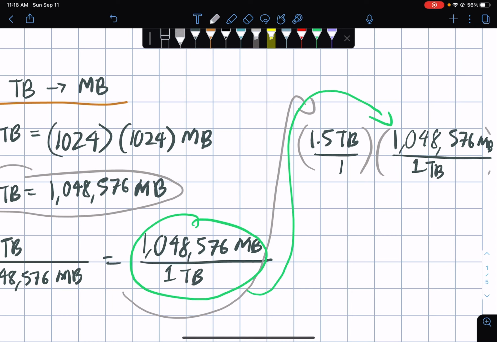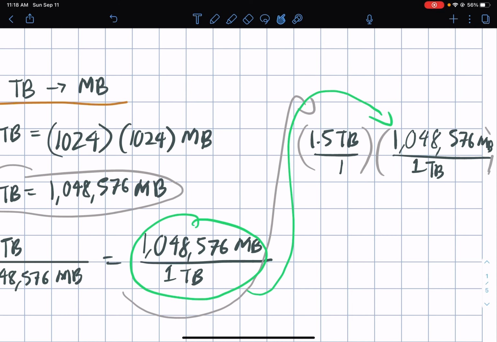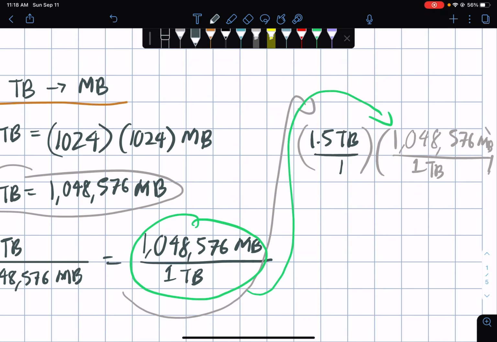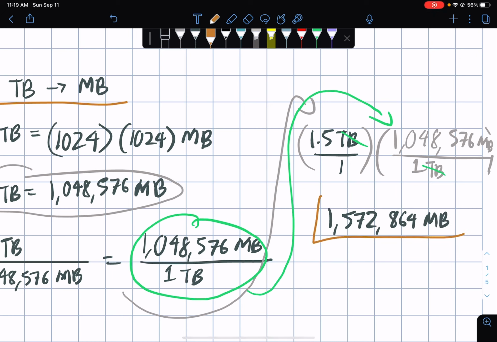Dang, I forgot to apply the light gray color. Sorry about that. Right, we cancel terabyte, and 1.5 times 1,048,576 MB is equal to 1,572,864 megabytes. This is the final answer.